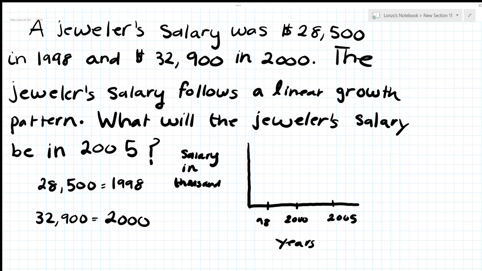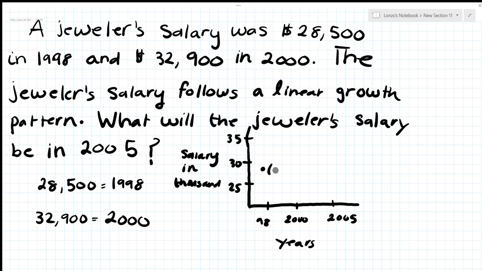I'm going to go by 25 and then raise it by 5. So this is going to be 25, this is going to be 30, and then this is going to be 35. Okay, now let's plot the points. At 98, it was 28,500, so it's going to be right here.